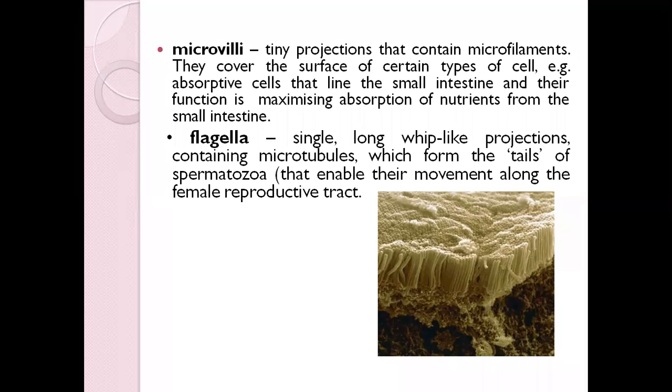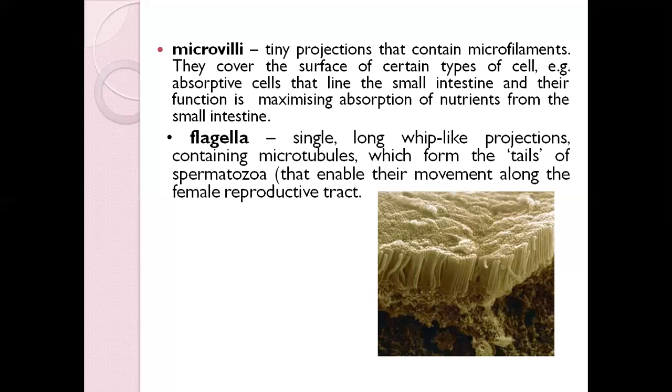From the diagram itself, you can see it is mostly seen inside the intestine, and it helps in absorption. Whenever we eat anything, during the process of digestion some form of absorption also takes place, where our body absorbs the nutrients that are required. That is usually done by the microvilli.